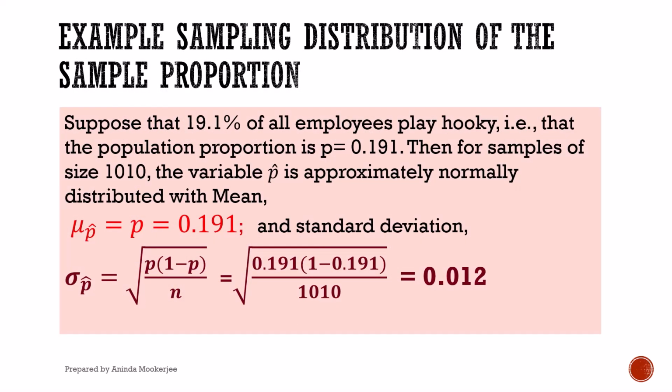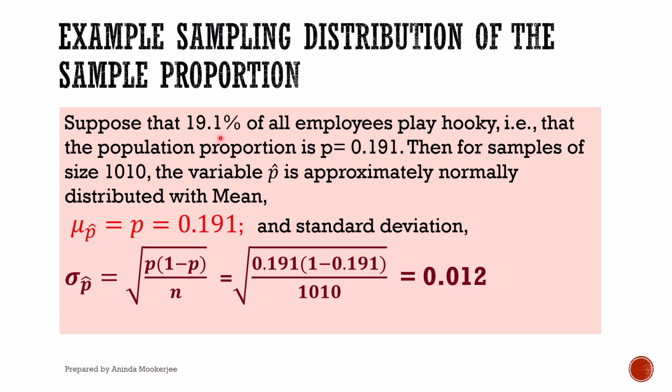Now finally, let's look at an example to find the sampling distribution of the sample proportion using the formulas that we have learned. Essentially what we are finding here is the mean and the standard deviation of the sampling distribution related to a sample size of 1010, given a population proportion of 0.191 or 19.1%.